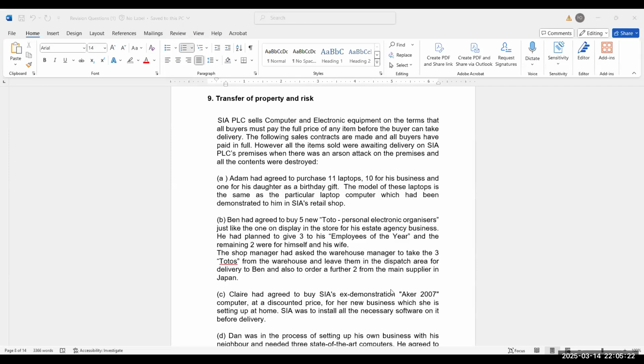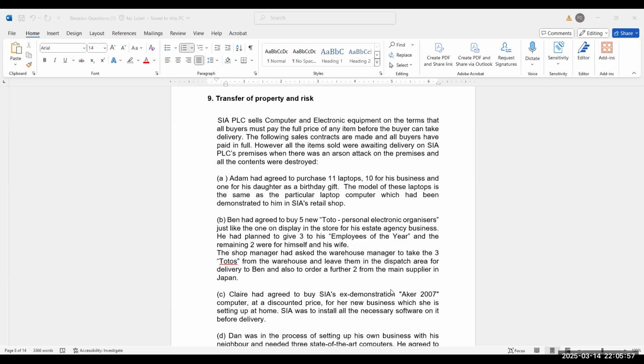The goods here have not been ascertained at any point because the goods have not been identified. This means that the property in the goods has not passed from SIA to Adam. So the risk will therefore remain with SIA, and Adam will be entitled to sue for non-delivery if SIA cannot provide replacements for the goods within the specified period of time. And the reason he's able to sue for that is because these are unascertained goods.